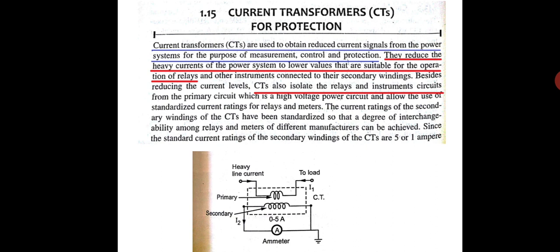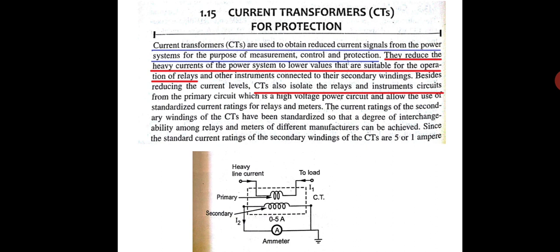The relay acts as the decision-taking brain of your protective system. The relay operates at low voltage and low current, and this low voltage and low current is fed by the current transformer.